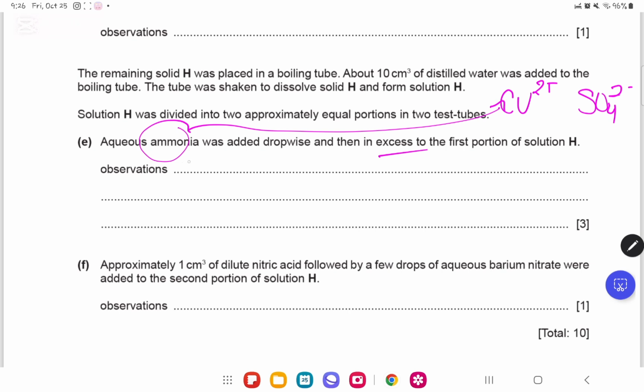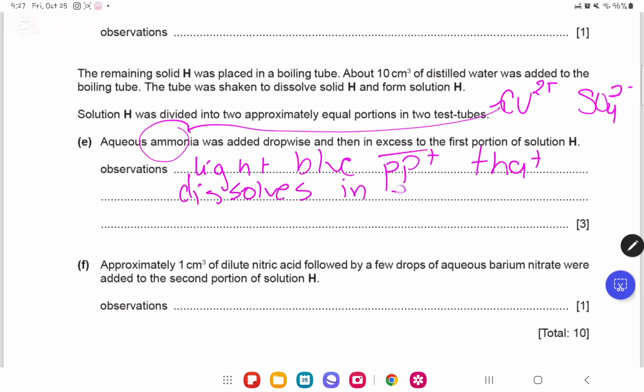It forms a light blue precipitate that dissolves in excess. It only dissolves in excess ammonia, and it will form a darker blue solution.